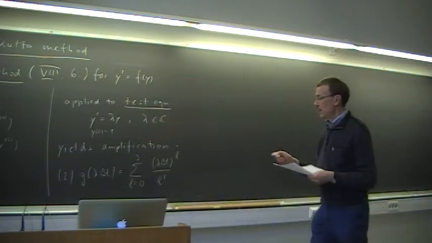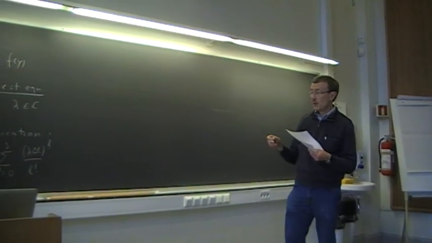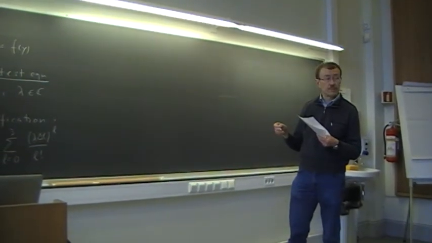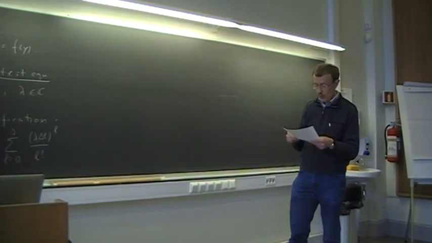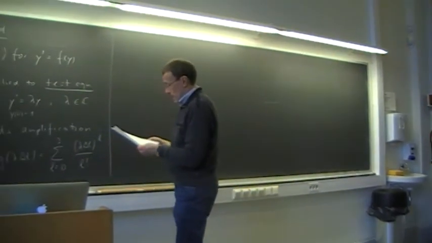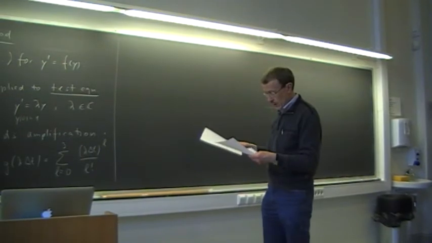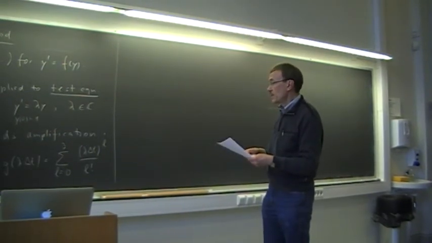So we get an approximation, essentially, of e to the lambda delta t, up to including the third order terms. And from that we get the stability domain.